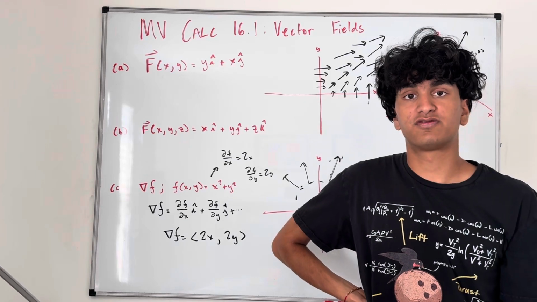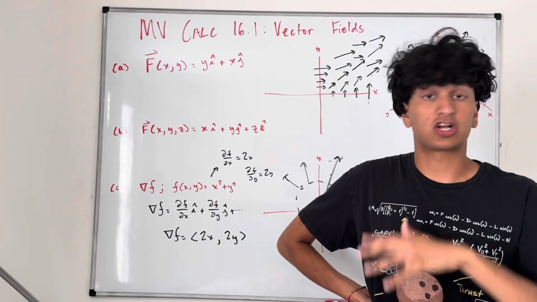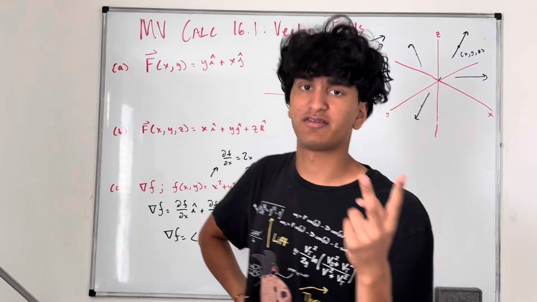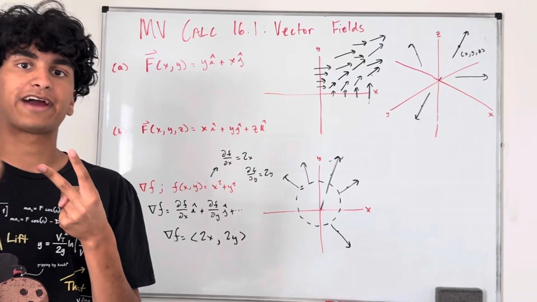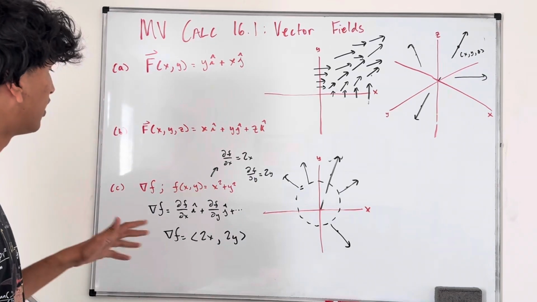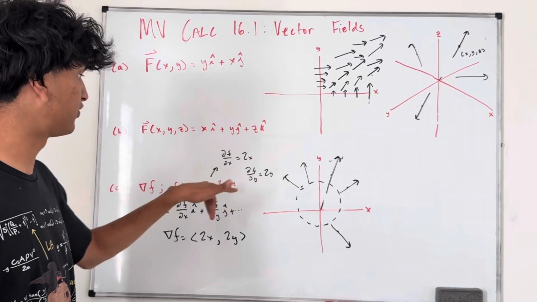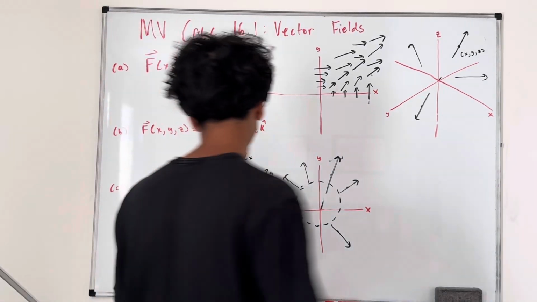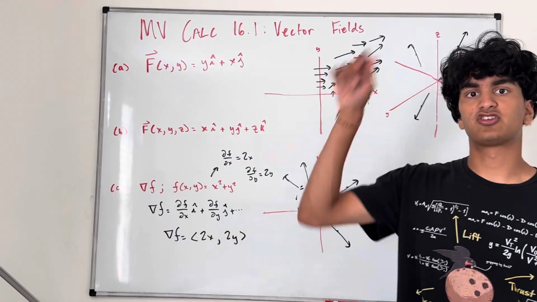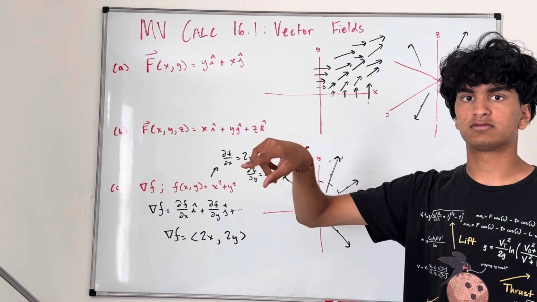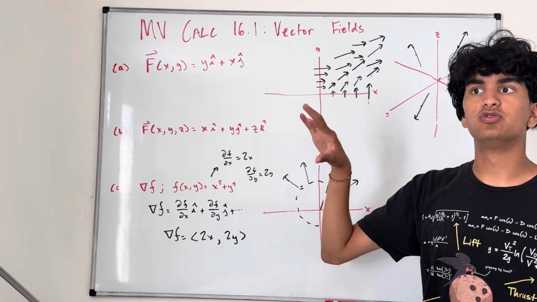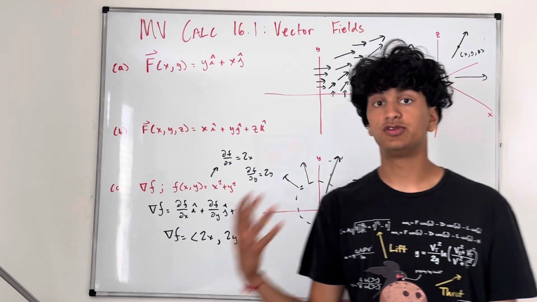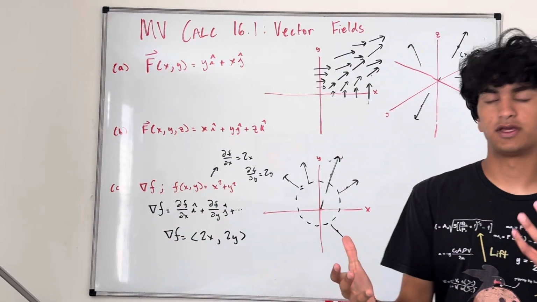But you may have heard that conservative forces, like the electric force and the gravitational force, are actually gradients of their potential energy functions, or potential functions. If you know the electric potential is kq1 over r, you can derive an equation for the electric field by taking the gradient, and it would end up being a conservative field.